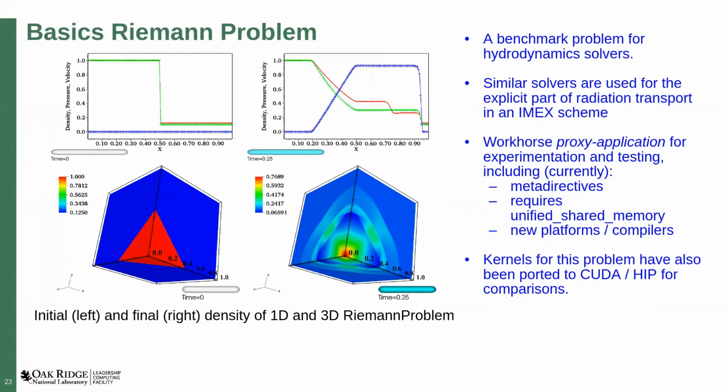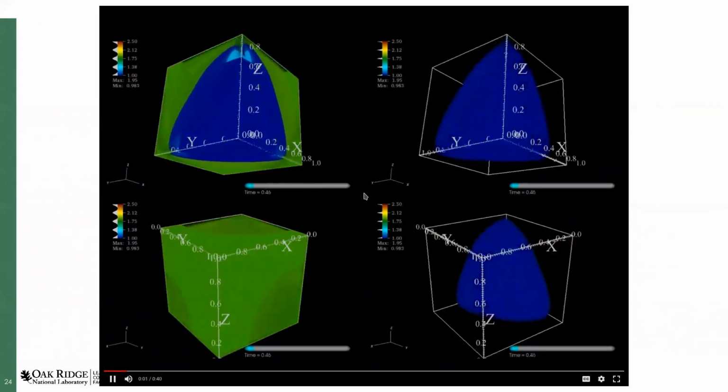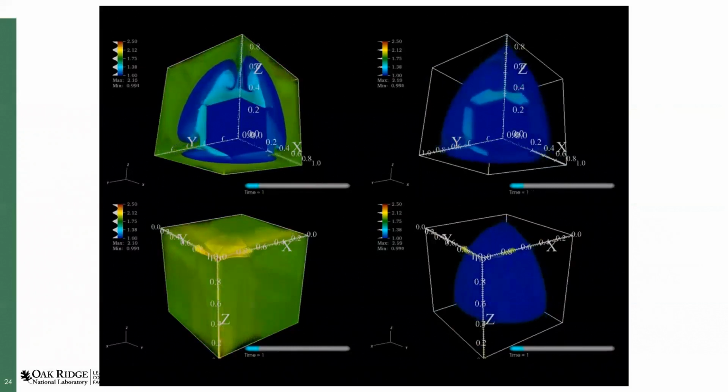Here's the initial condition of the Riemann problem, where initially there's a high pressure, high density on the left side, and then when the simulation starts, a shock wave, because of the discontinuity, starts to propagate to the right. And here's a visualization of a 3D version of this Riemann problem.